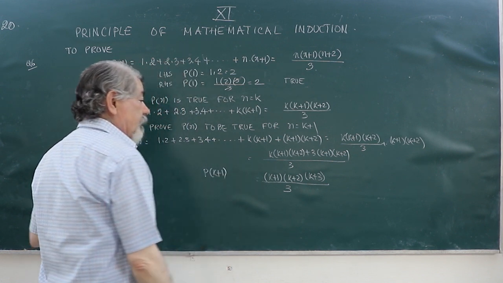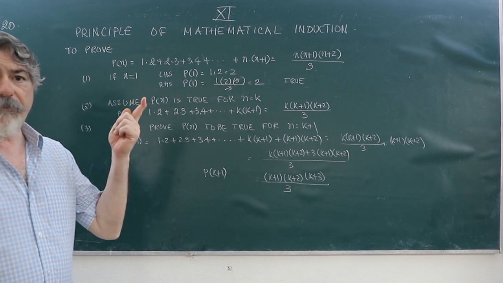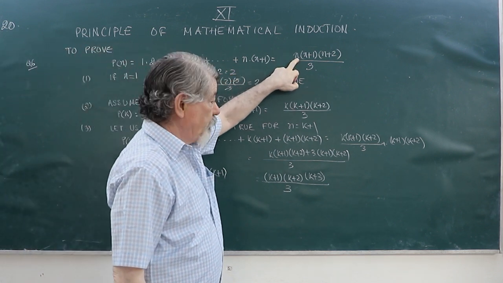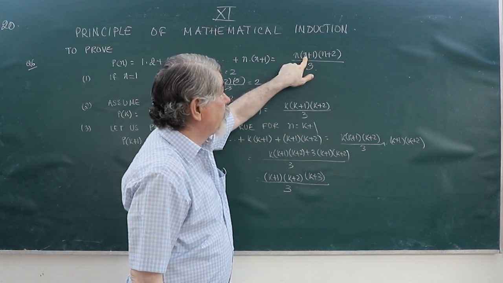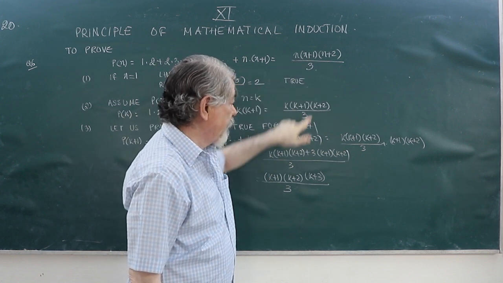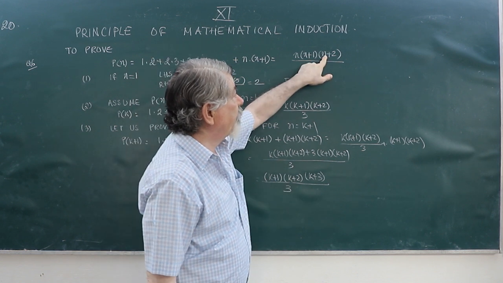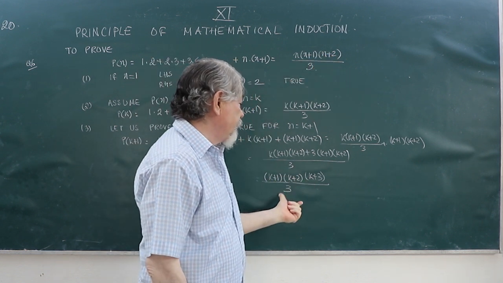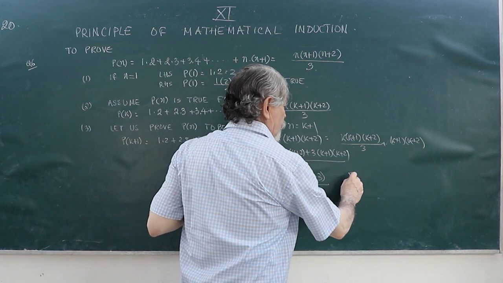Now let us see whether it is true or not. Let us replace n by k plus 1. If in place of n I put k plus 1, so k plus 1. If I put n is equal to k plus 1, it will become k plus 2. It is k plus 2. If I replace n by k plus 1, it will be k plus 1 plus 2. That will be k plus 3 upon 3. So it is true.